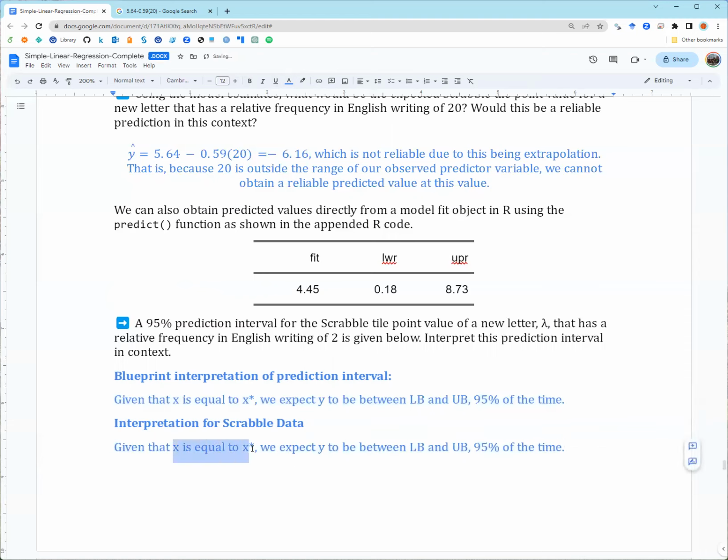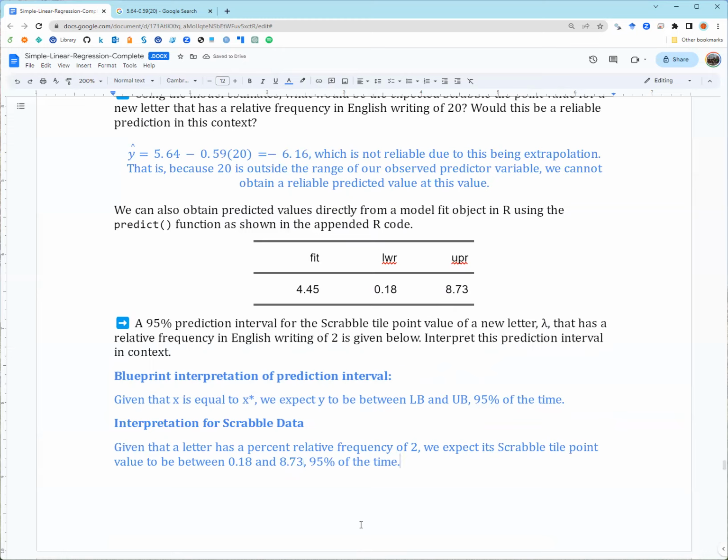We can say that given that a letter has a percent relative frequency of 2, we expect its Scrabble tile point value to be between the lower bound, which is 0.18, and the upper bound, from here, 8.73, 95% of the time.